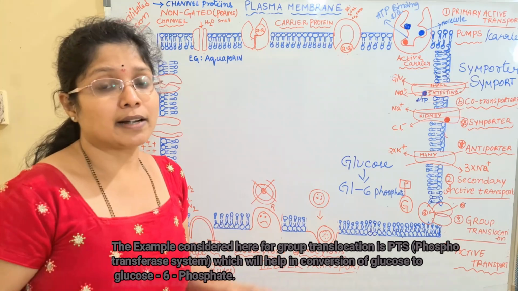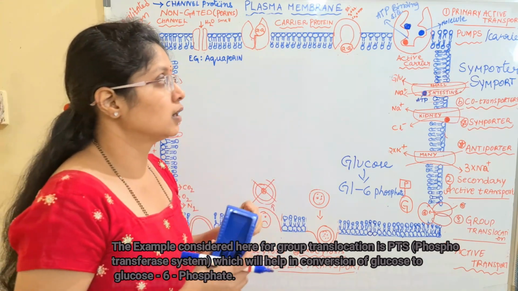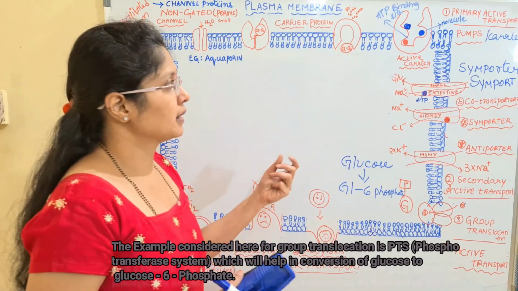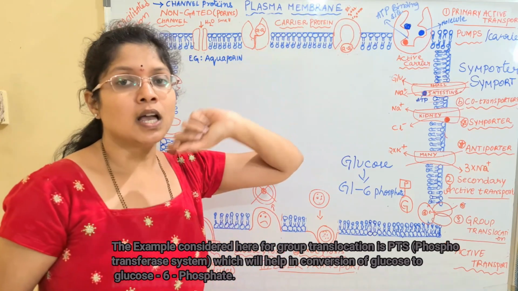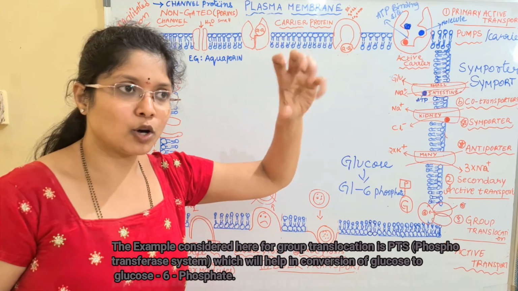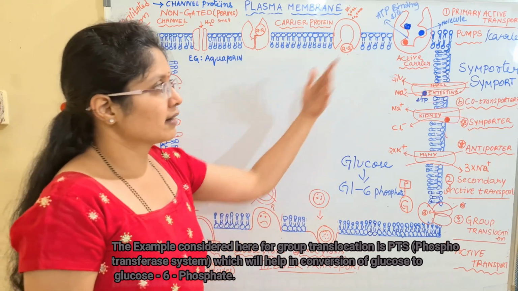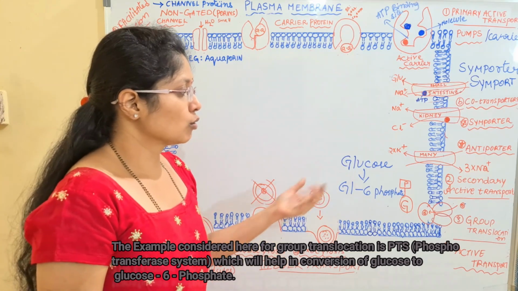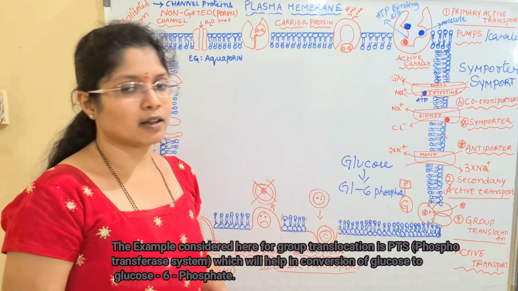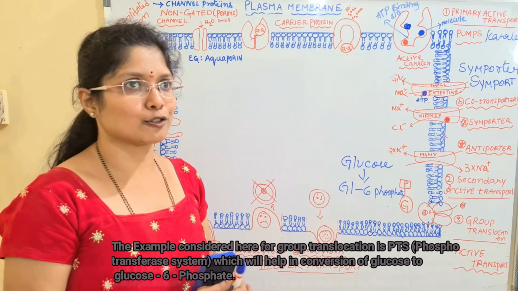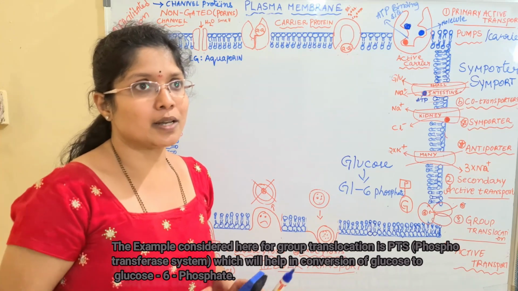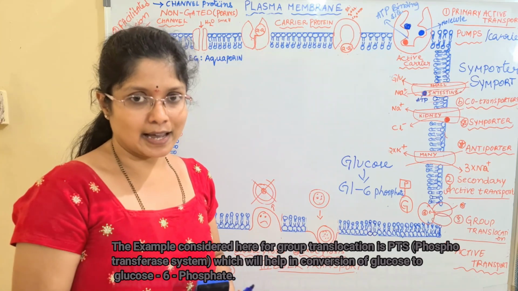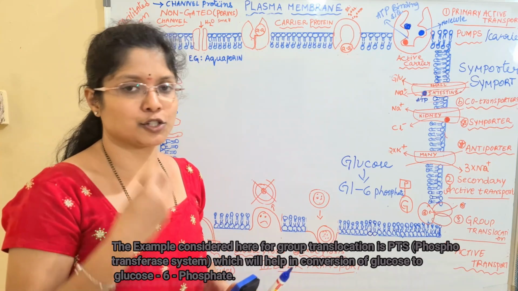So glucose will enter inside the cell only at the cost of ATP. Sometimes glucose moves inside along with ATP hydrolysis, which comes under active transport, and sometimes these glucose molecules are modified. And why are we always discussing glucose? Because it is such an important energy fuel inside living organisms, the simplest sugar form.